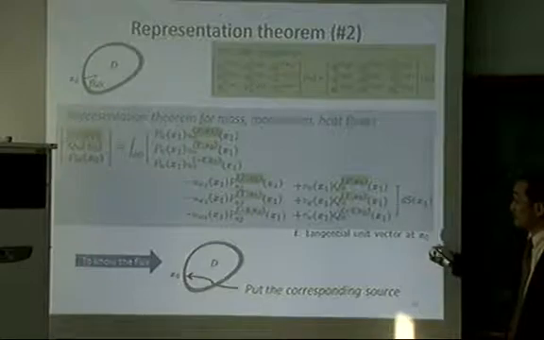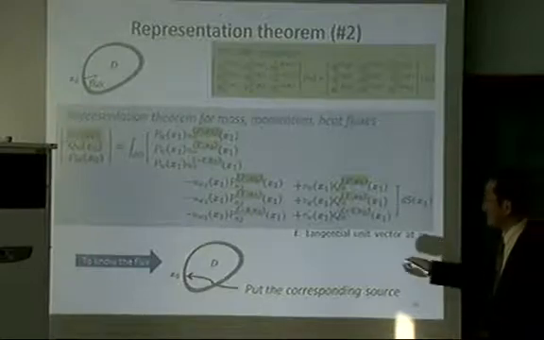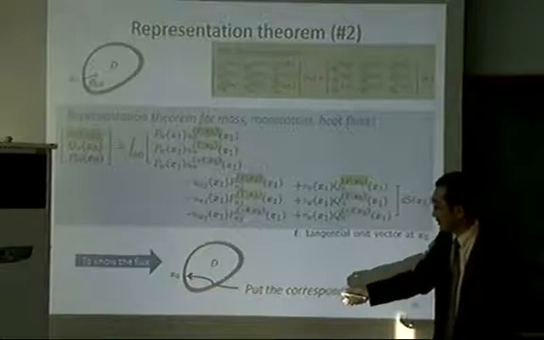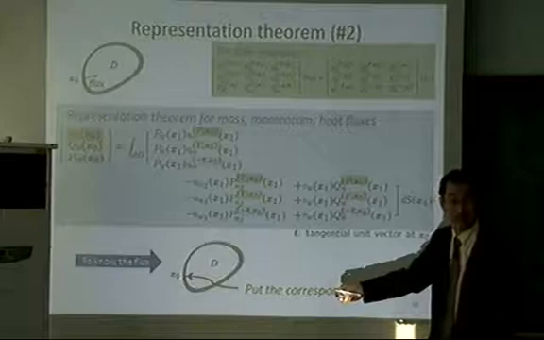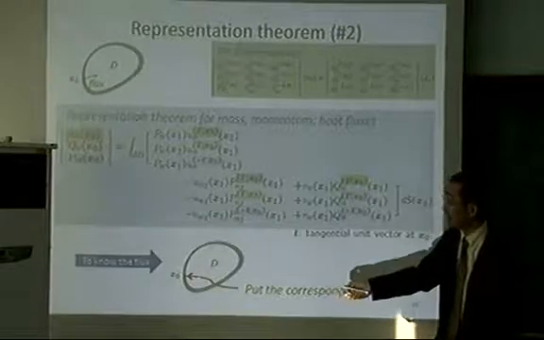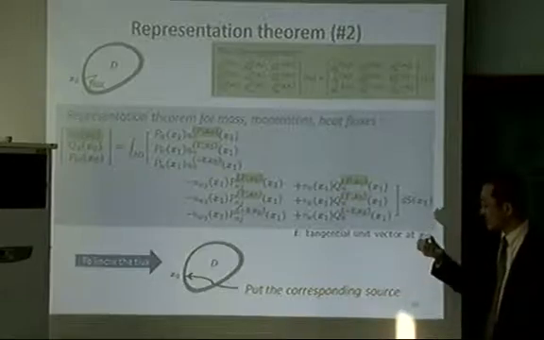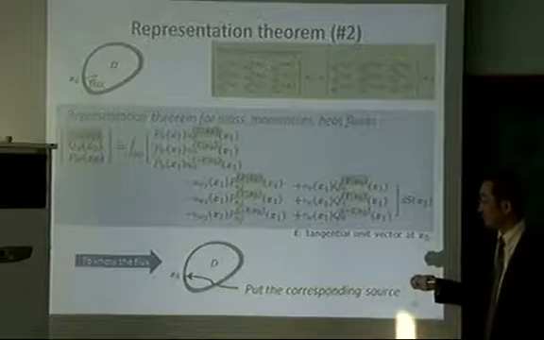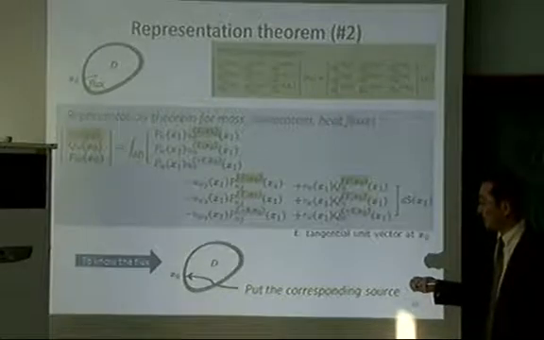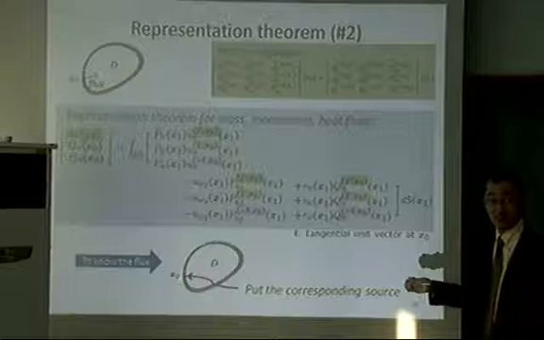Okay? So, for example, what does this line mean? This line, if you want to know the mass flux here, then you just find a solution for the source point, a mass source at this position.